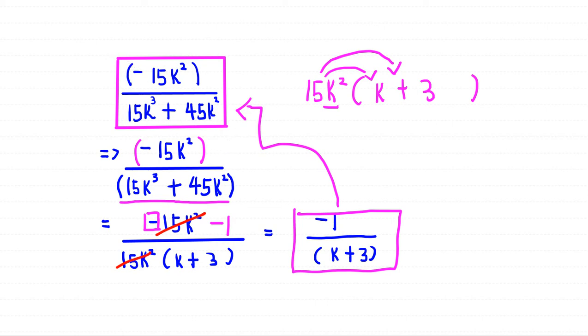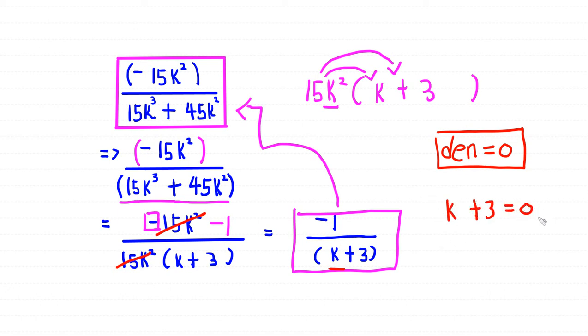Before we finish this video, I want to talk about what value of k will make this expression undefined. We know that a fraction is undefined when its denominator is equal to 0. So k plus 3 should be equal to 0.